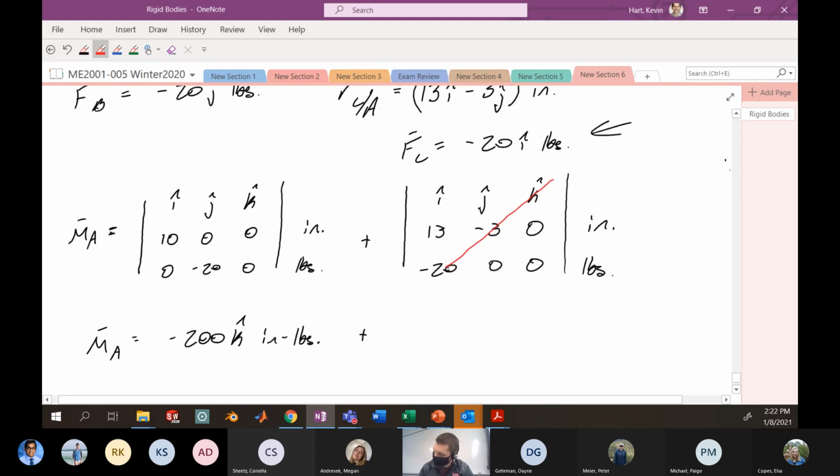The only thing I have to worry about is this k hat. So I have -3 times -20. That's +60. But I'm going down into the left, so I have to think of the negative contribution here. So this will be plus minus 60 k hat inch pounds.